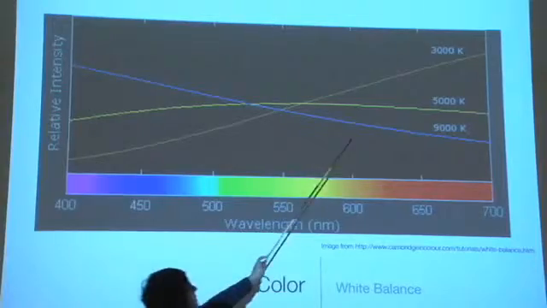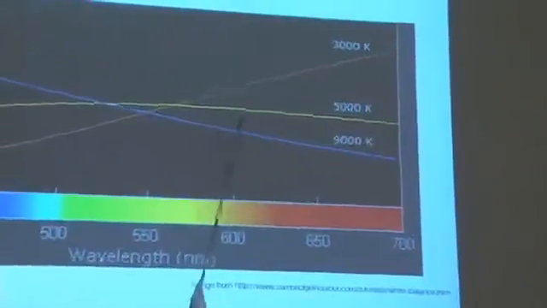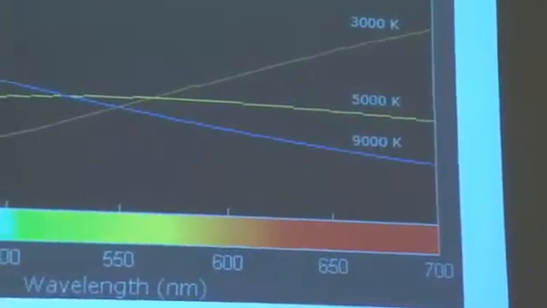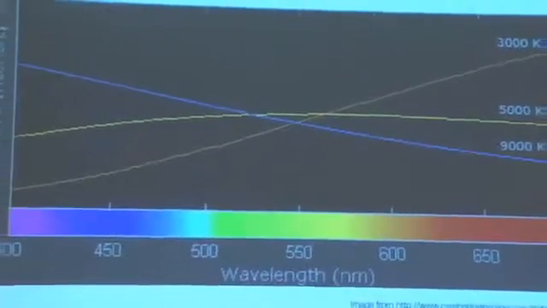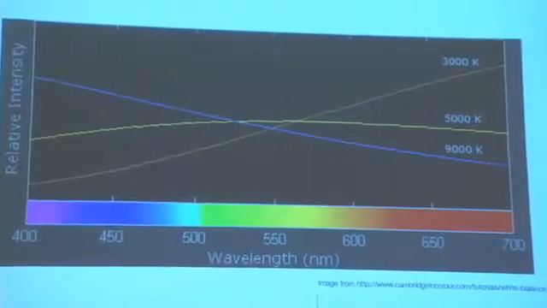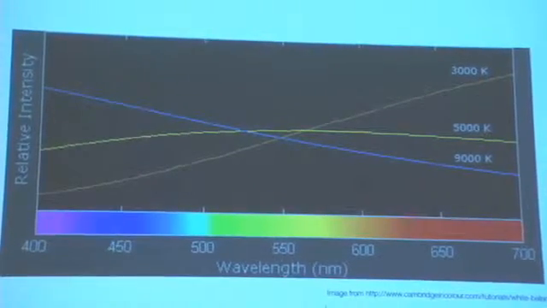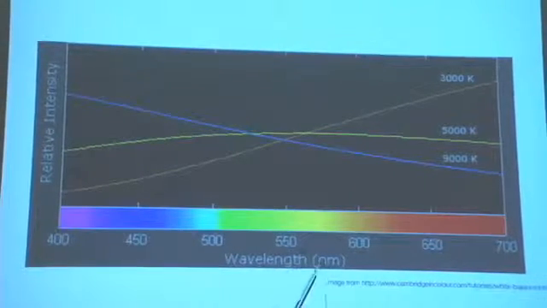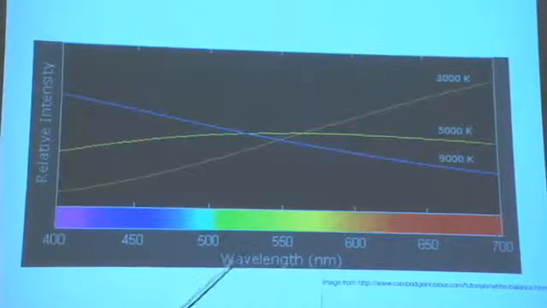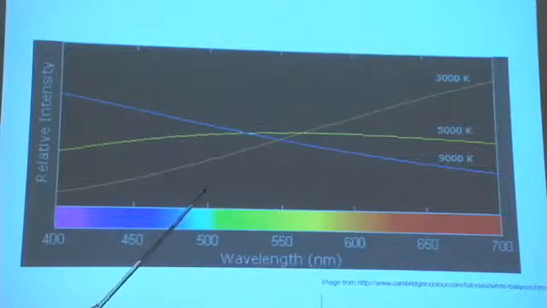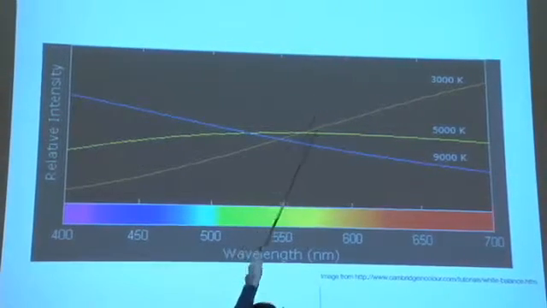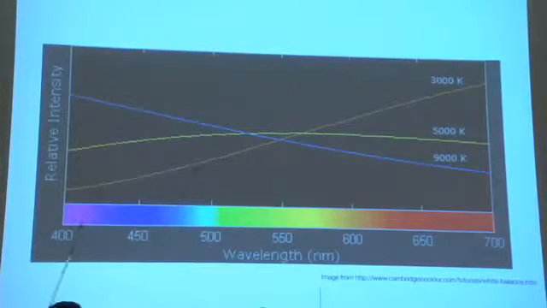Our sun is a black body, and it produces a specific color temperature, which emits a spectrum of light. It's still emitting many wavelengths, but it's about where the majority of those wavelengths are. We might have a lot of light that peaks in the yellow, or a lot that peaks in the blue.